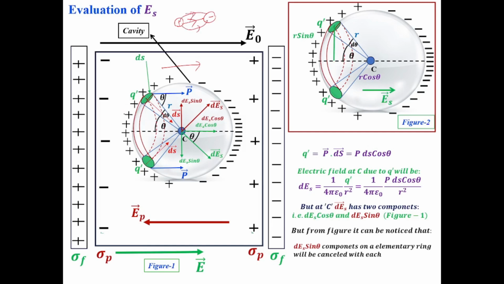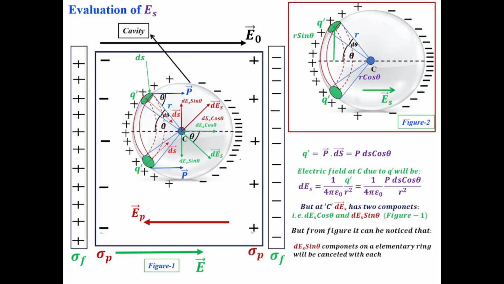This side is positive, this side is negative, so the net electric field intensity will be along this direction. That means we can predict that the Es direction will be along this direction. I have drawn this in your figure 2.